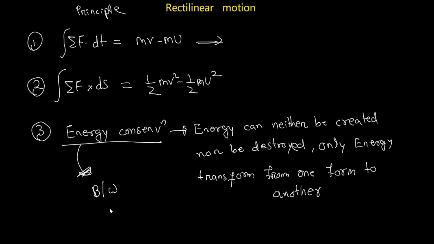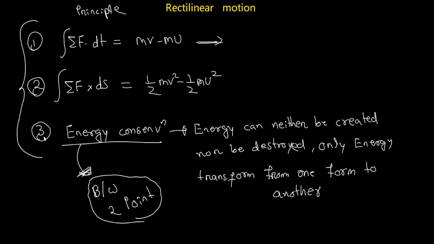Between any two points. Okay, so these are the three principles. With the help of these, any question can be solved. So this one is the linear impulse. This principle is called the impulse momentum principle. Impulse momentum.